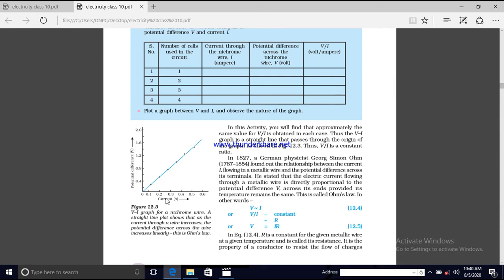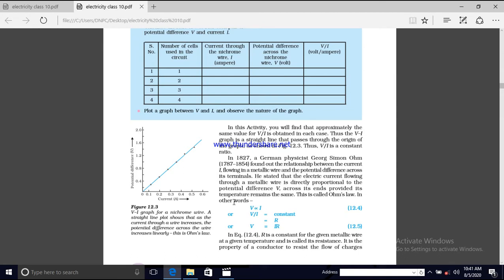These are directly proportional. As you increase V, the potential difference, the current in the circuit is also increasing. This is known as directly proportional, and this symbol represents directly proportional.